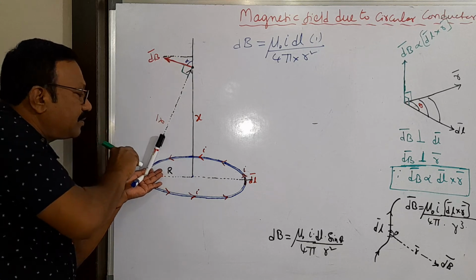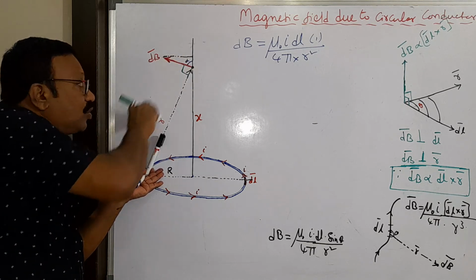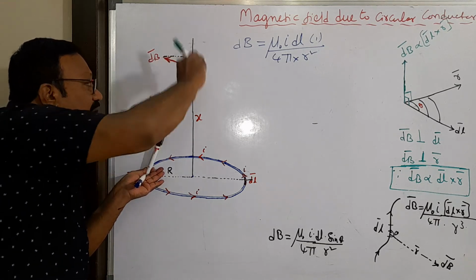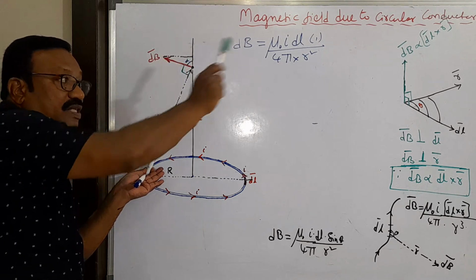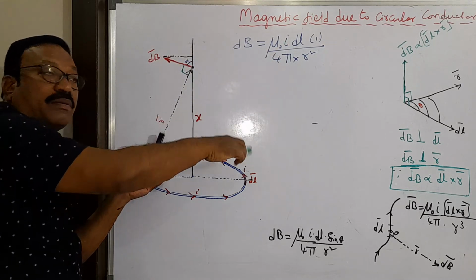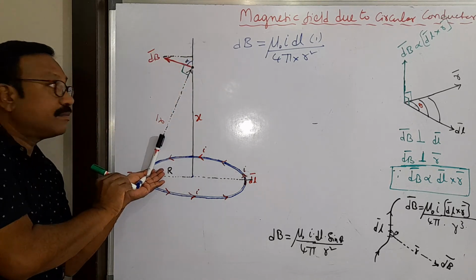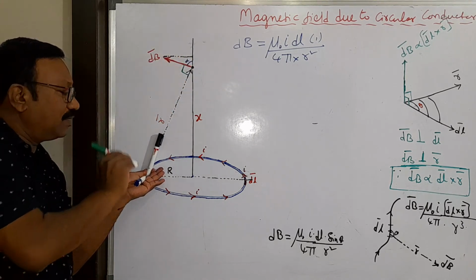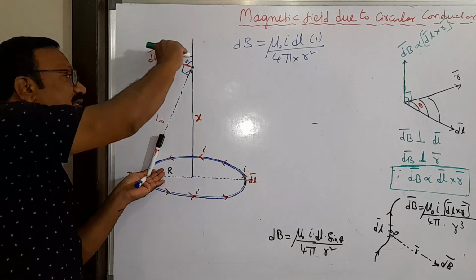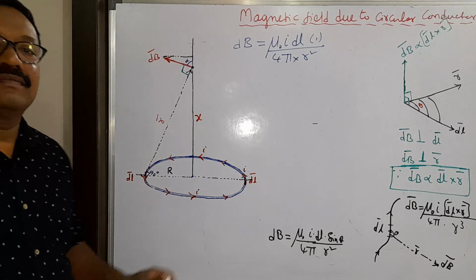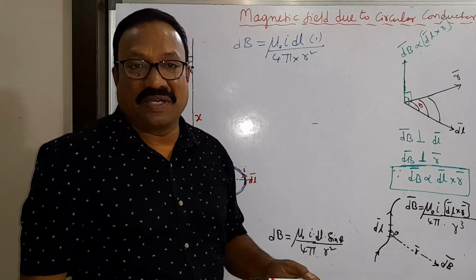So just move it. dB bar is perpendicular to r bar. See there, diagram. dB bar is perpendicular to r bar, and dB bar is also perpendicular to dL bar. This is dL bar, this is r bar. For both it is perpendicular. This point is very, very important.